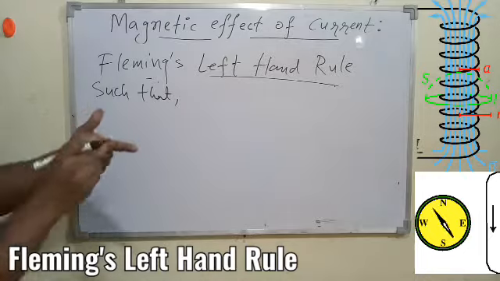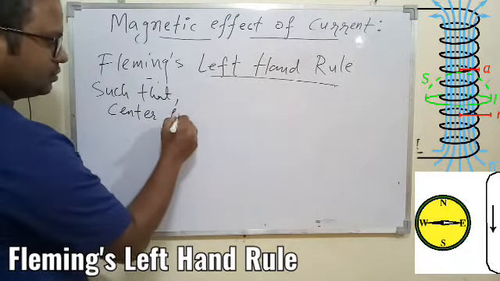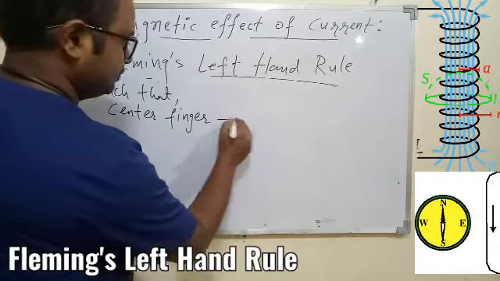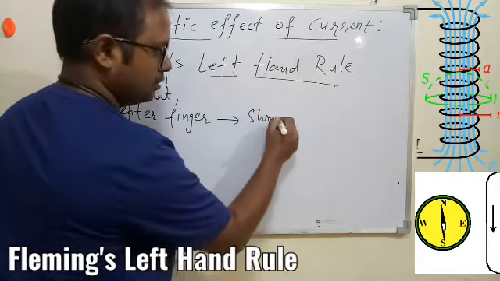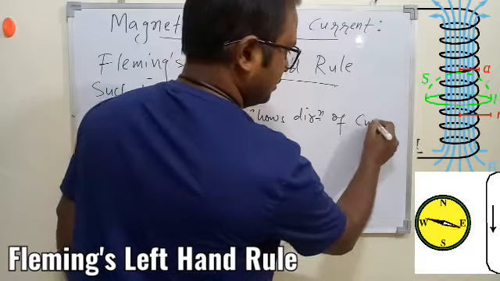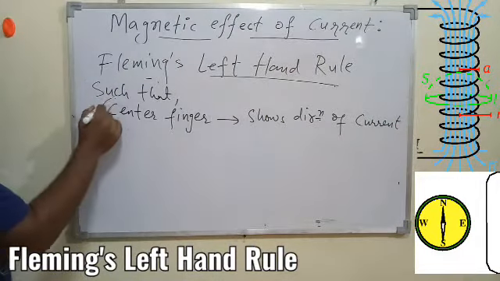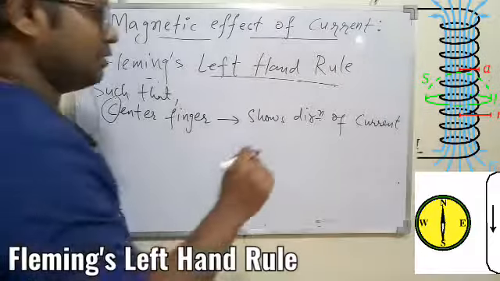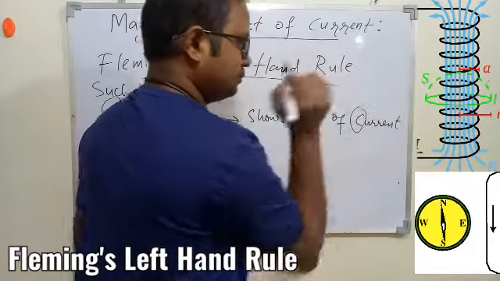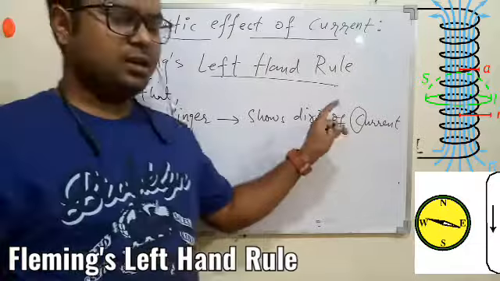the center finger C shows the direction of current. So how to remember this? Here we have C, center finger, here we have C, current. C for center finger, C for current.